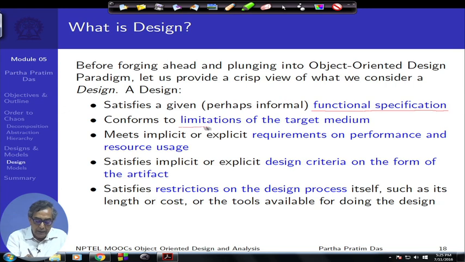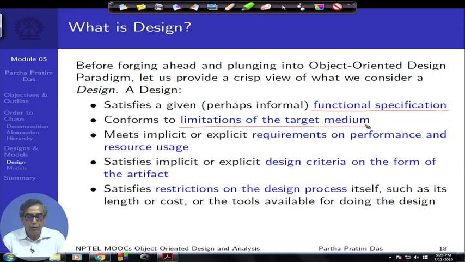The second is it will need to conform to the limitations of the target medium, which means that I can take a functional specification and start doing a design assuming infinite amount of computing power or infinite amount of memory or infinite amount of network bandwidth and so on and so forth. That is not realistic.